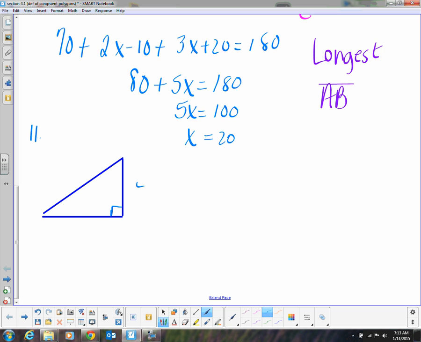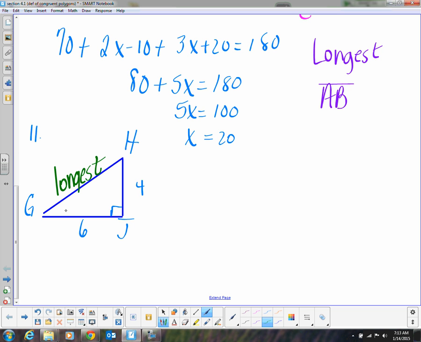It's 90 degrees. Can you have two 90-degree angles? Can you have an angle larger than 90 with a 90? So what do we know is the longest side? Which one's longest? GH, because it's opposite 90.